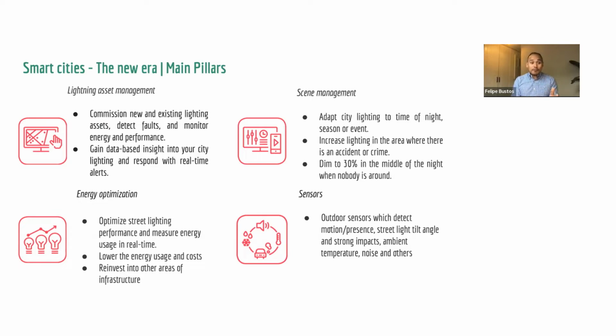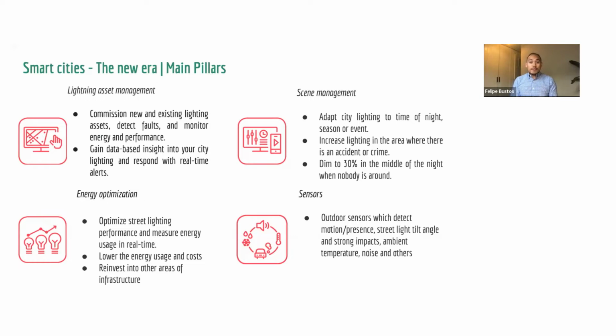There's one big element of energy optimization, optimizing street lighting performance and measuring energy in real time. It is possible to lower the energy use and cost, and of course, reinvest in other areas of infrastructure. Through the system, it is also possible to create scene management that has the capacity to adapt the city lighting to the time of day or night, or the season, or a rain event, for example.